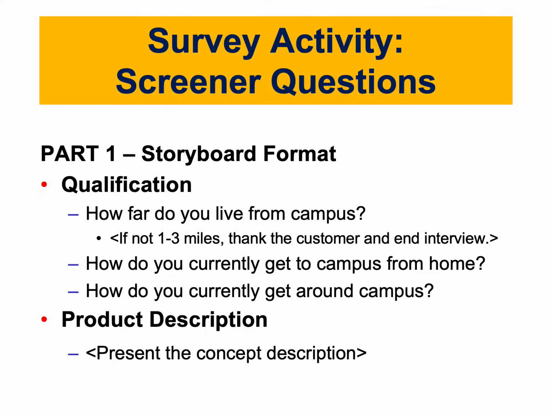And then you can ask, how do you currently get to and from the campus, and how do you currently get around the campus? This will identify to us whether this interviewee is one of our customers or not.